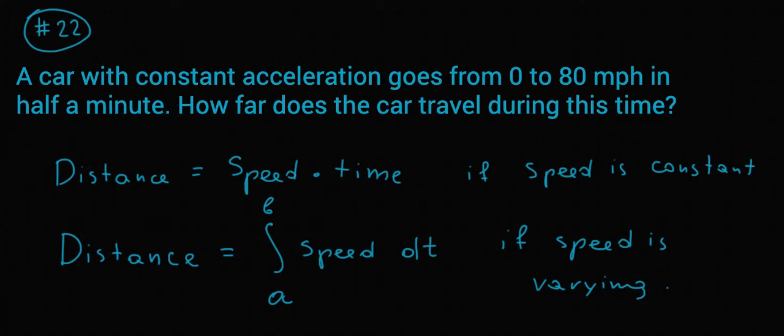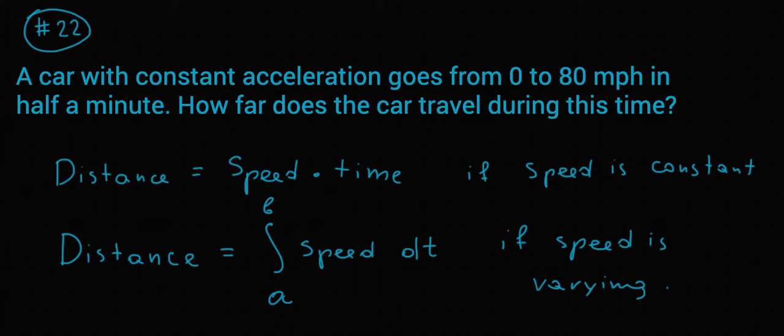Now, however, if the speed is not constant, if it varies with time, if sometimes you drive fast, sometimes you drive slow, then you can't use that formula to calculate the distance traveled for various reasons. One of them being that what value would you use for speed if it's not the same at different moments of time.